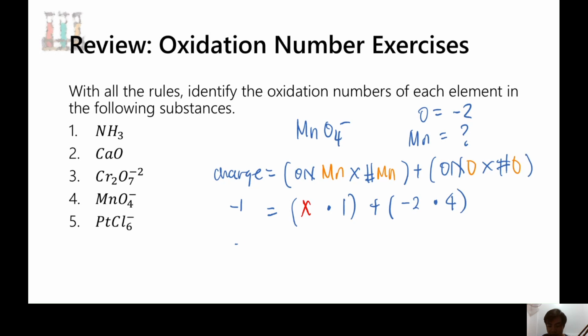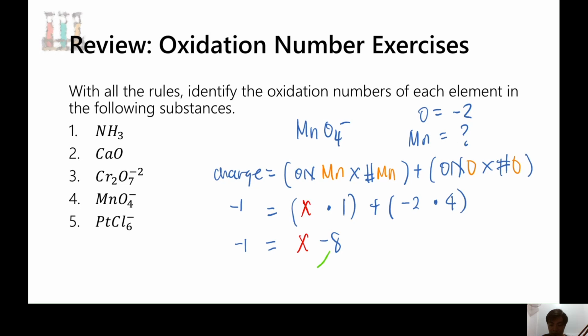Then let's solve for x now. So -1. 1 times x is x. Red pala dapat. Plus -2 times 4 is -8. Hindi ko na nilagay yung plus. So let's solve for x.